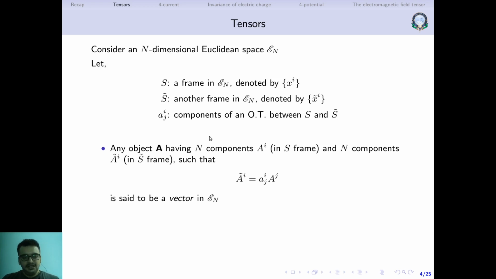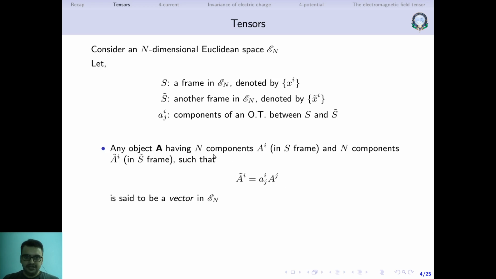If I construct an object A having n components, which we call A_i in the first frame, and another n-component object whose components are A tilde i in the S tilde frame, such that A_i undergoes this transformation.